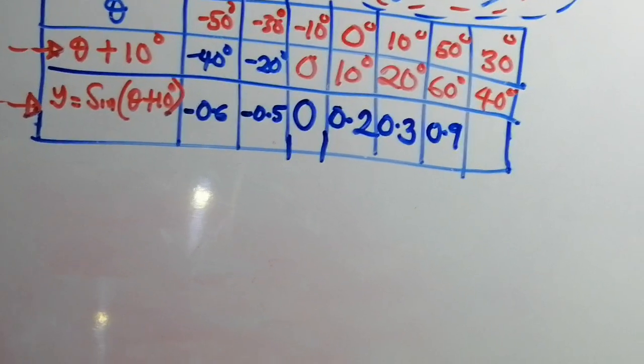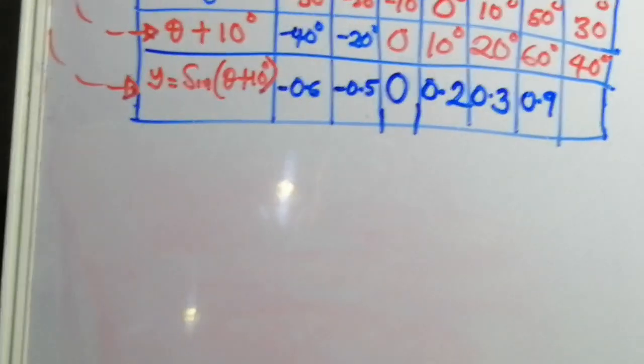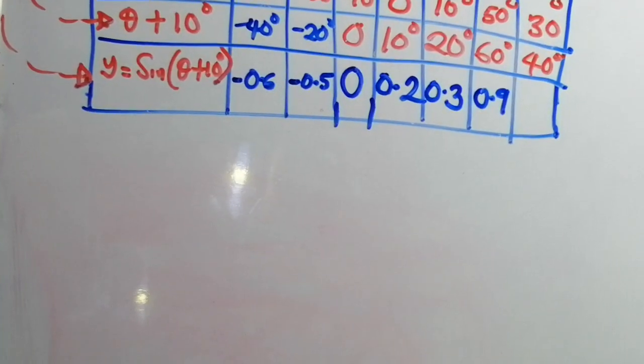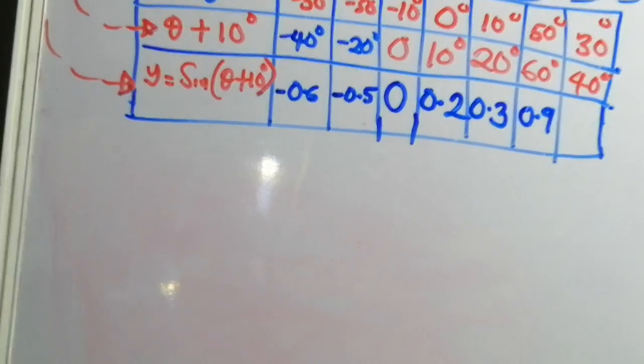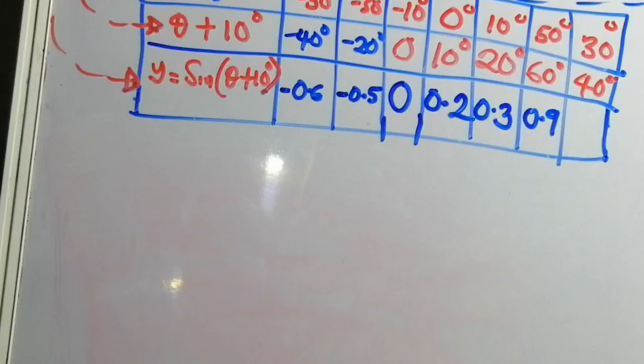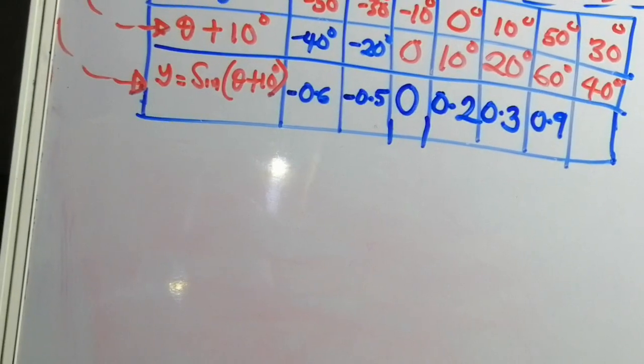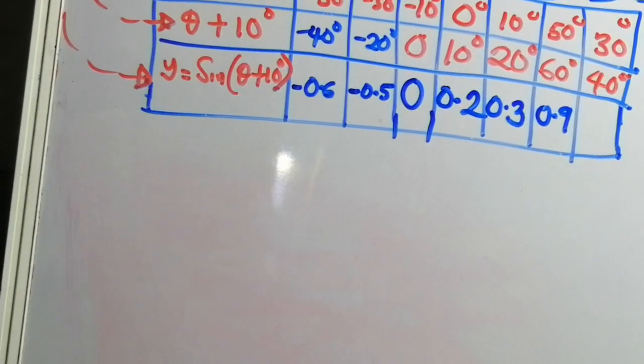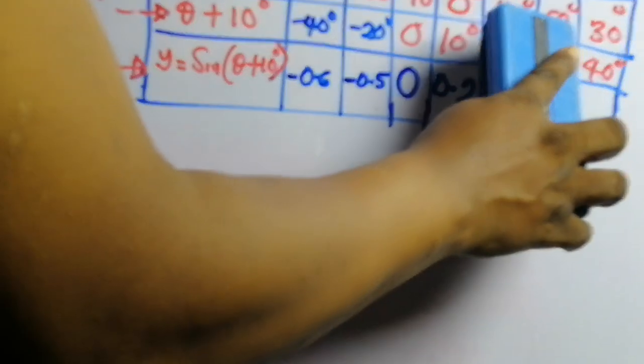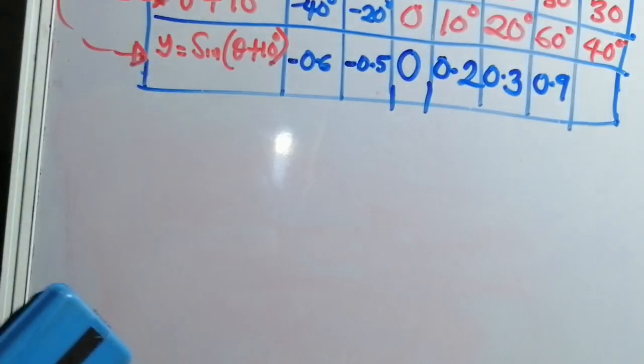Okay, so the next one is sine 30, and sine 50. Let's look at this very well. This 50 here is supposed to be here.